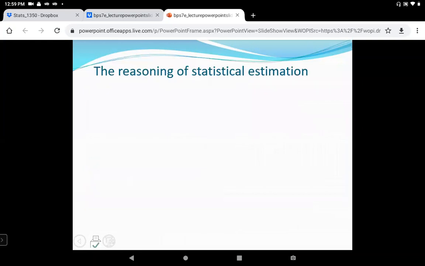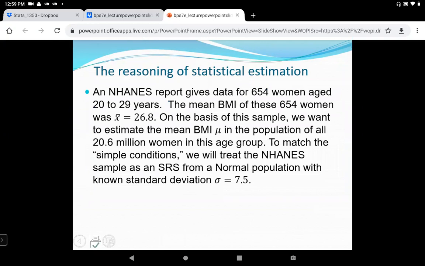The reasoning of statistical estimation. An NHANES report gives data for 654 women aged 20 to 29 years. The mean BMI of these 654 women was 26.8. On the basis of this sample, we want to estimate the mean BMI, labeled mu, in the population of all 20.6 million women in this age group.